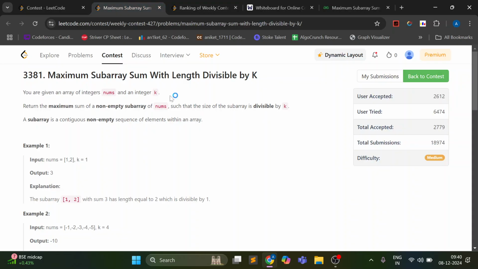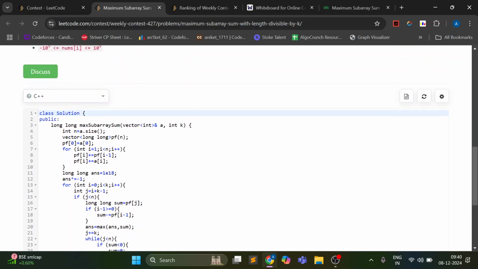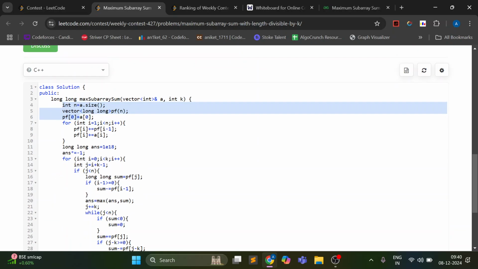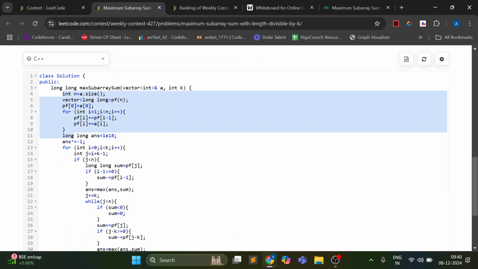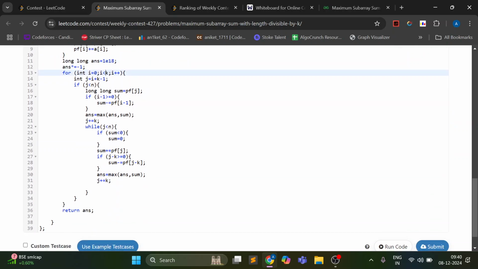349. Okay, that's not bad, I would say. So this is the code for the third problem. First, we find the prefix sum, and then we start iterating from 0 to less than k, so 0 to k minus 1.